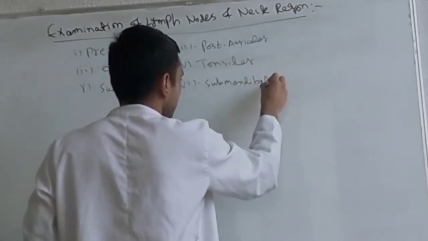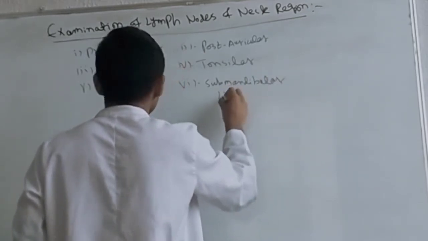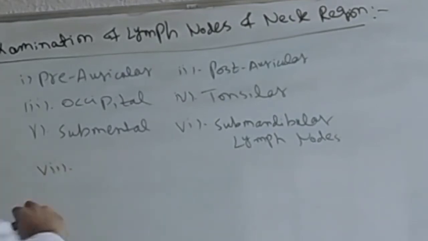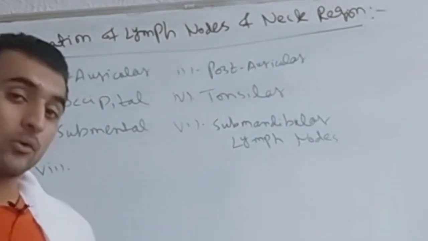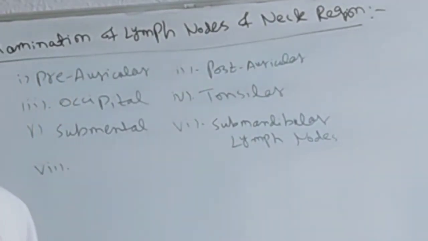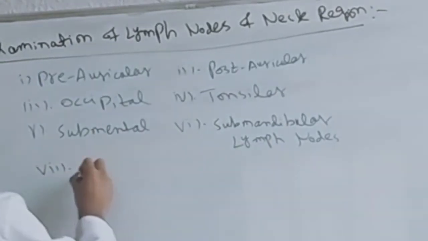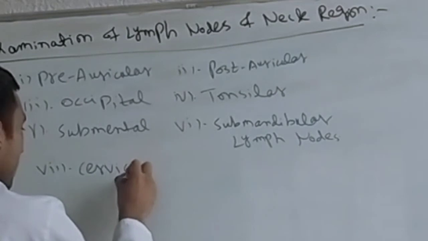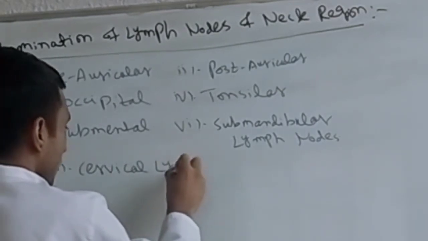The seventh lymph node is present at the cervical region, at the posterior portion of the neck, known as the cervical lymph nodes.